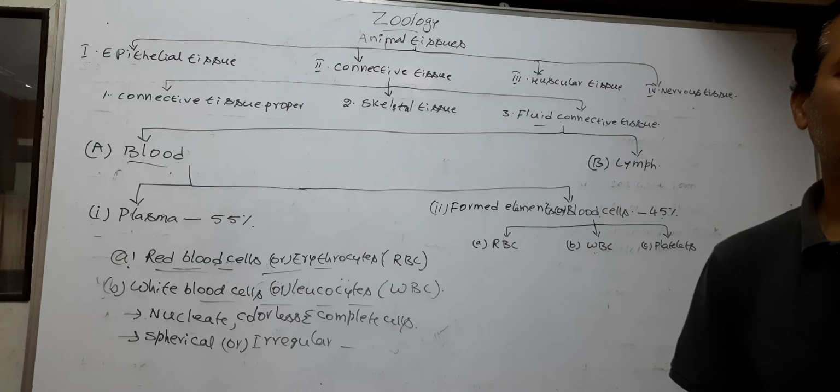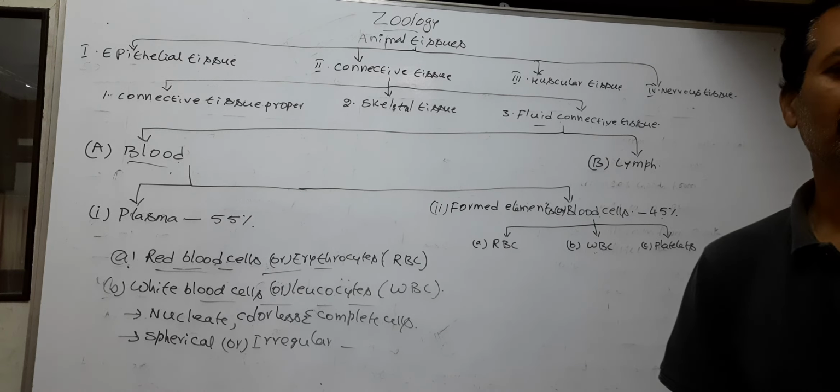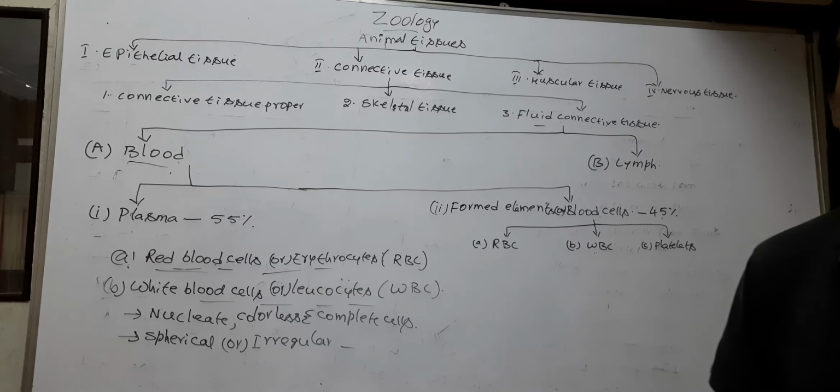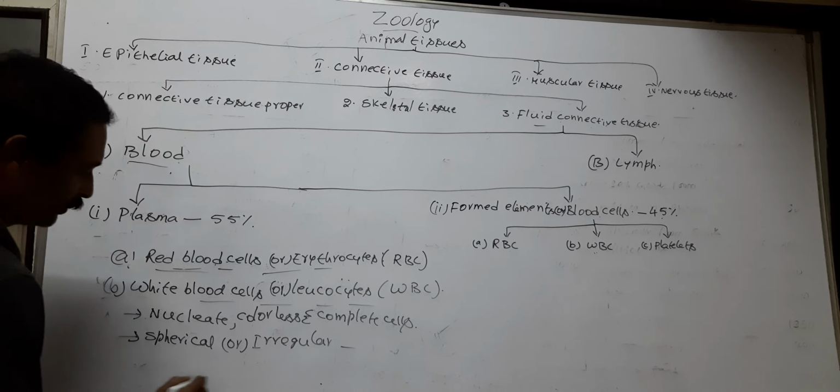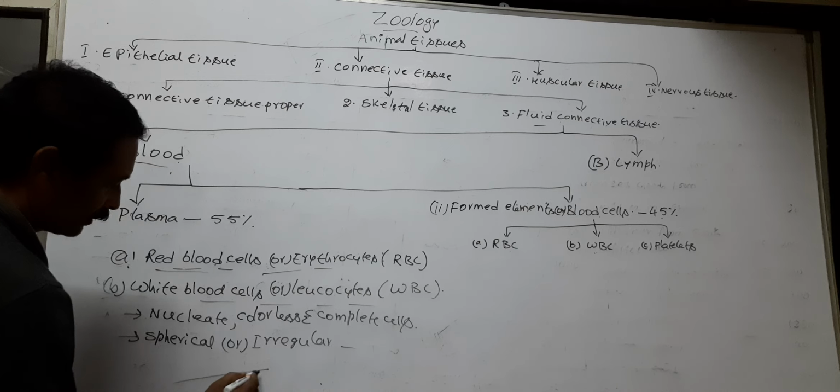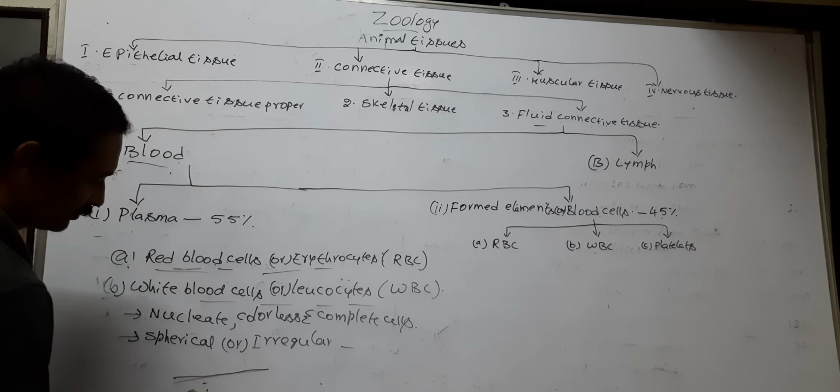Next, these exhibit amoeboid movement from blood into extracellular areas by diapedesis. So generally WBC are located in blood.